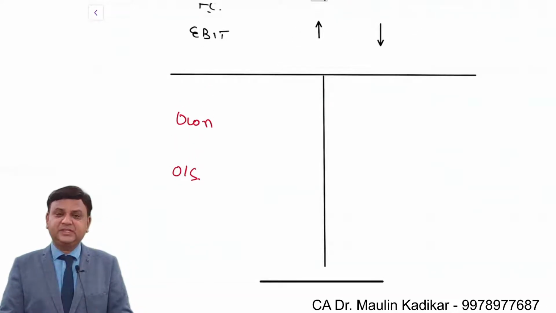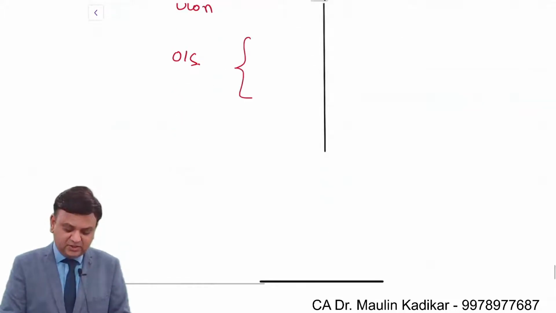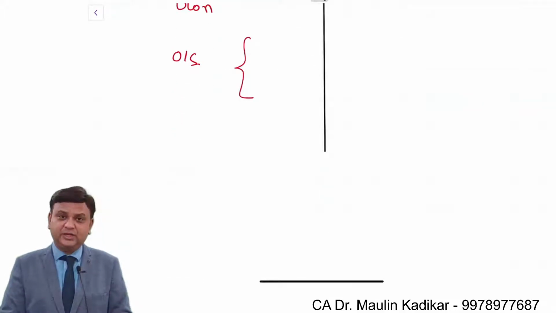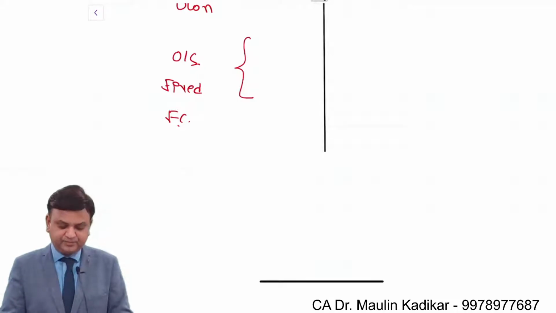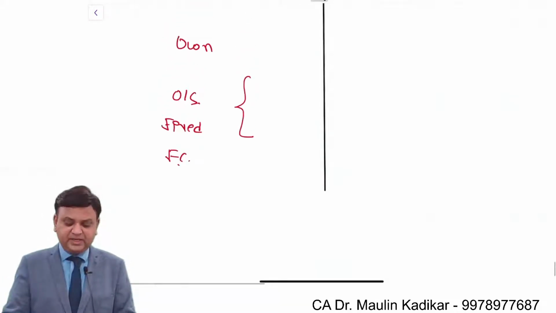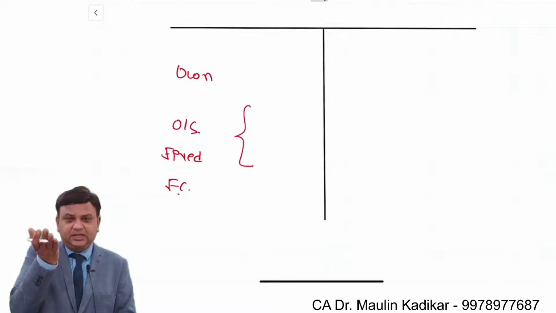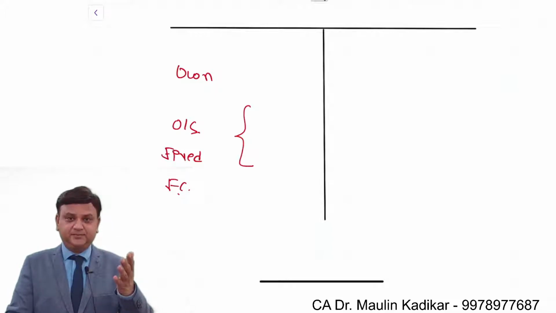Technically, preference share capital and debentures are considered outsiders' financing, and to them we are required to make payment of fixed financial charges. So again, what will happen? If your operating income increases, you don't have to make more payment of financial charges. So your earning per share will increase at a higher rate.